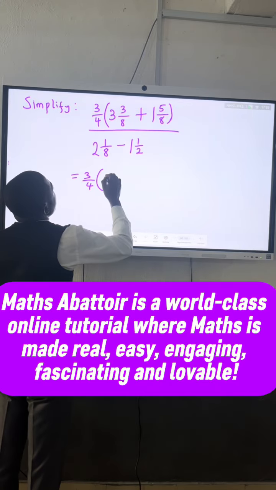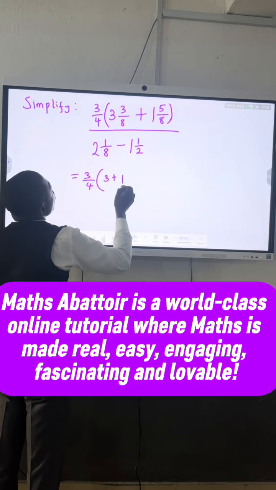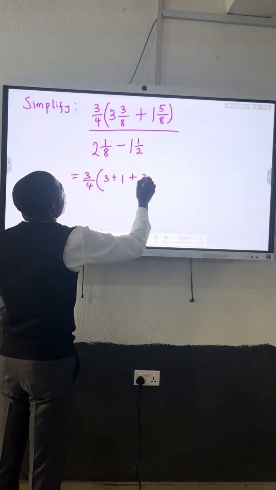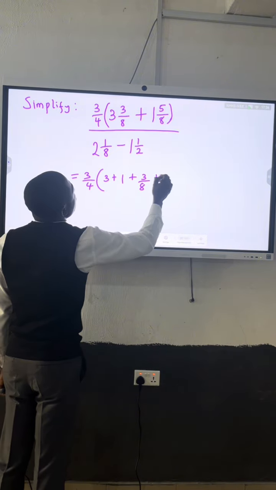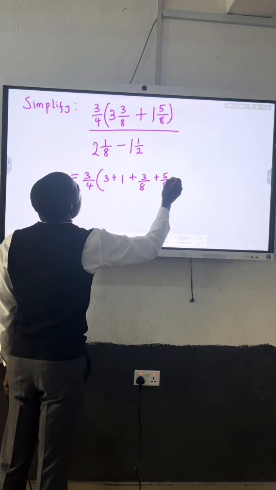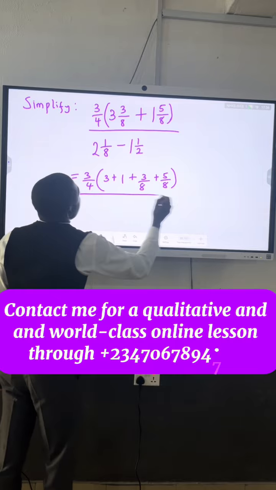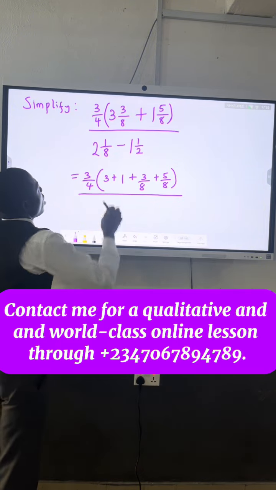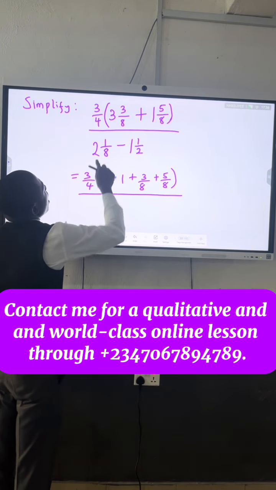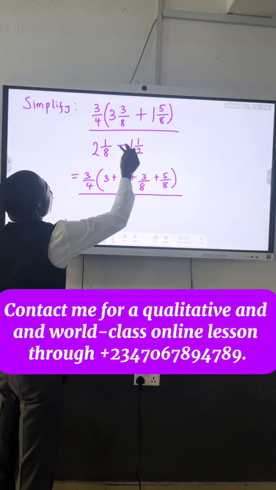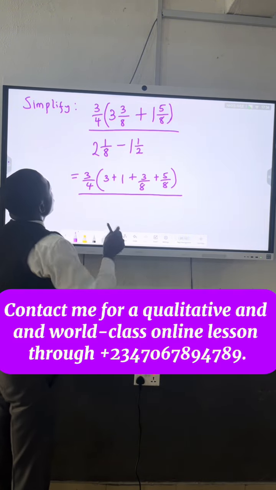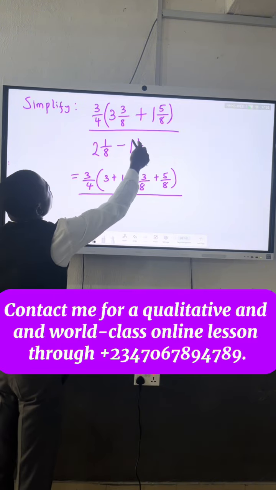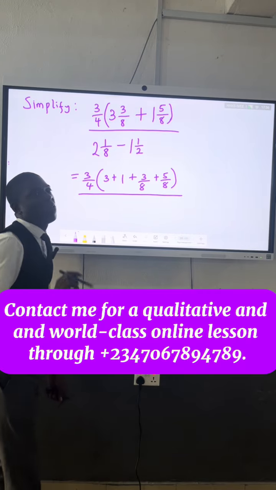So we can actually have it as 3 plus 1. We add the whole numbers first, and then we add the remaining fractions this way. We can have it like this, then all over. If you want to subtract first, like the whole number minus this whole number, that's 2 minus 1, 1. But when you want to subtract 1 over 8 minus 1 over 2, you have an issue.